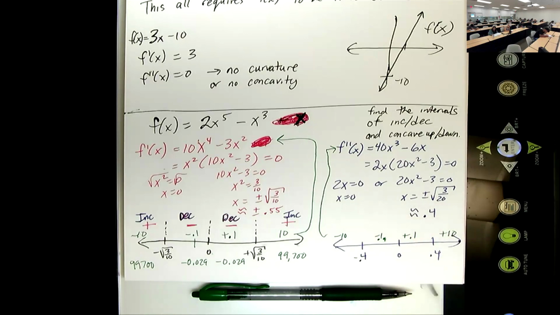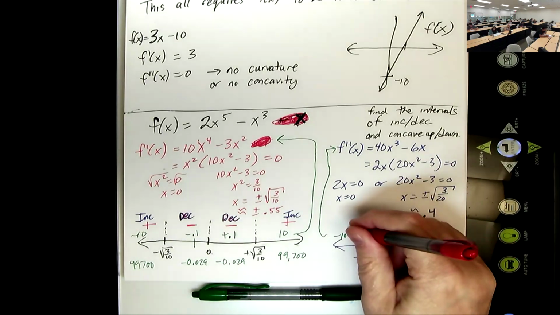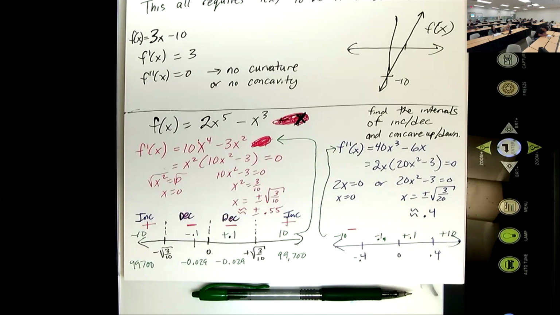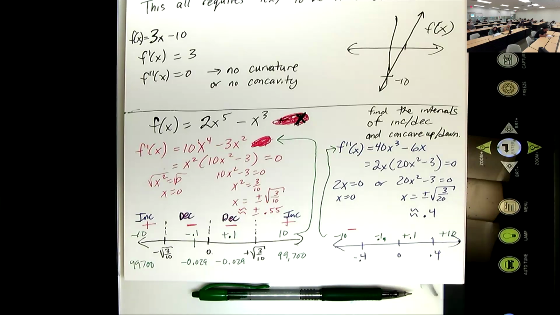So this is negative 40,000 plus 60, this is a negative area. And this is going to be, I don't know, let's wait a second. 0.1.